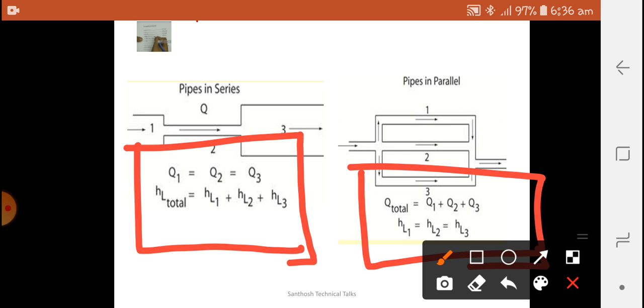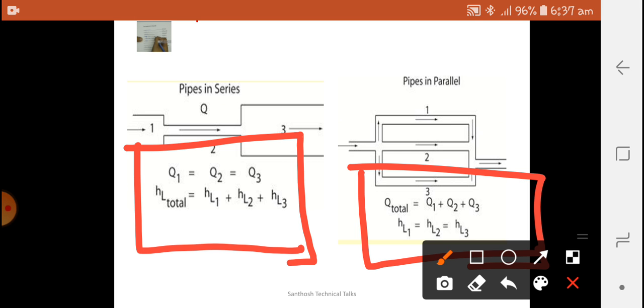For the series flow, take the water line to our house from the tank. How does it look? In the tank, it is a big pipe. At our house, we have a very small pipe. So a series of pipes connected and jointed makes a series pipe connection, and the radiator is an example of parallel flow.